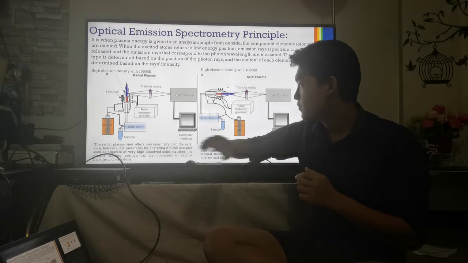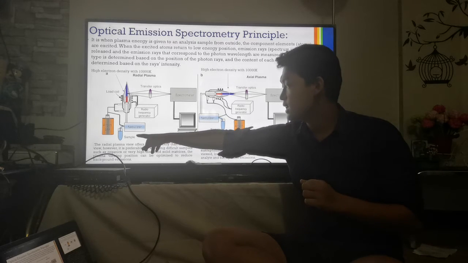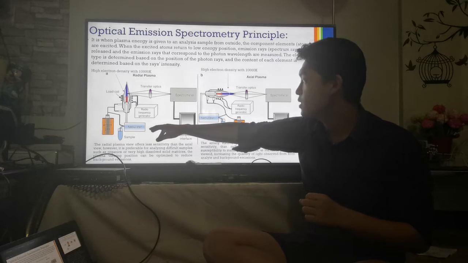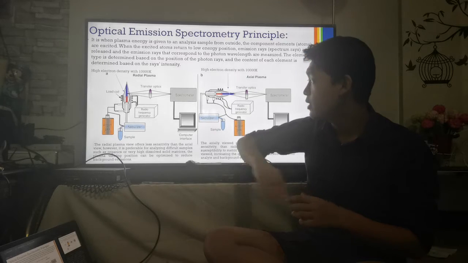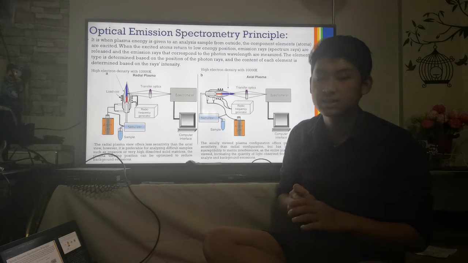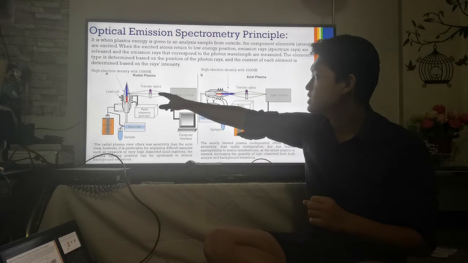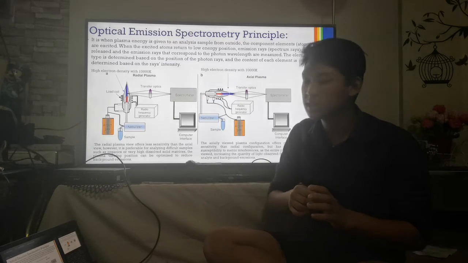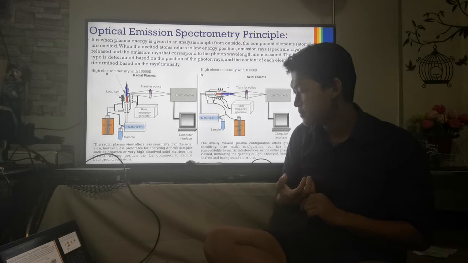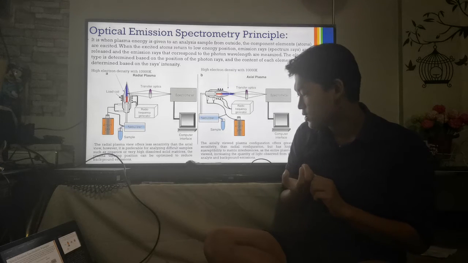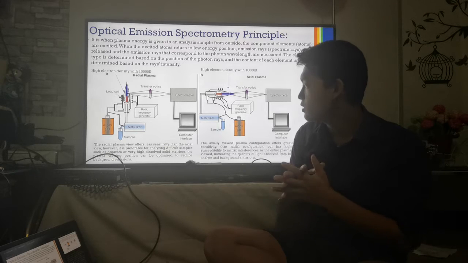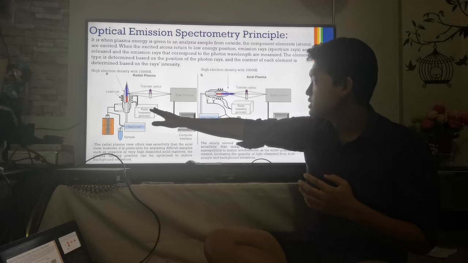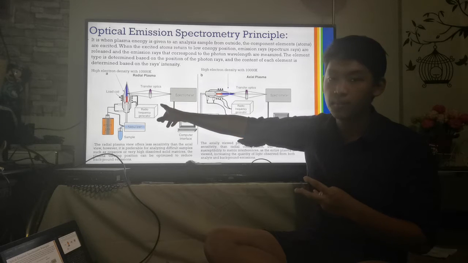The sample is then put into a solution, which is sprayed by the nebulizer through the plasma, wherein the ionization takes place. From here, with the high electron density and the high temperature of 10,000 Kelvin, the plasma atomizes the sample as well as the argon gas, and the light produced here is passed through the transfer optics.